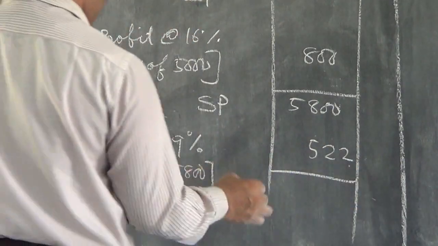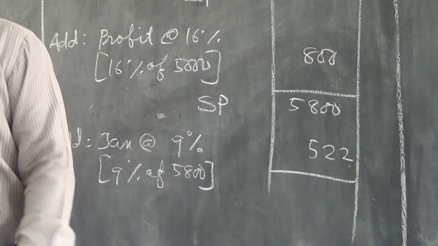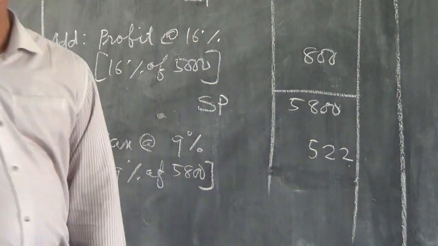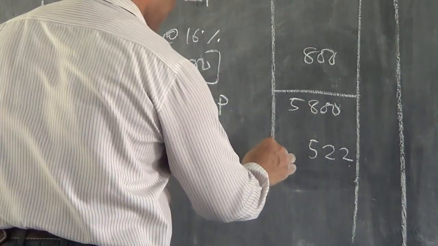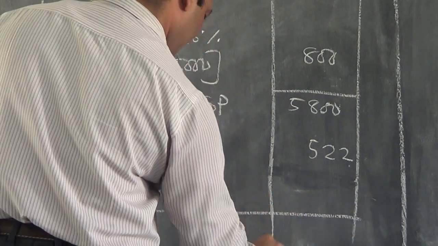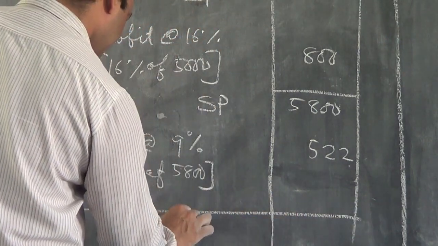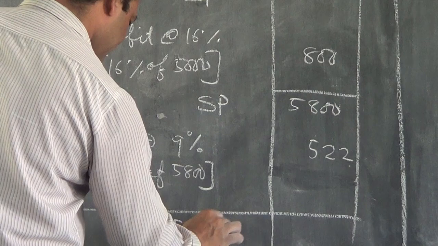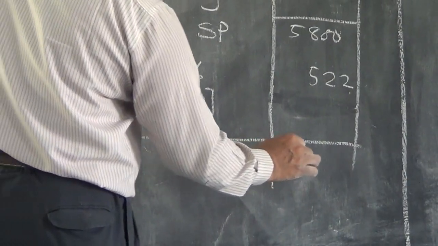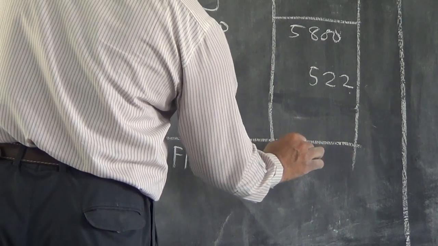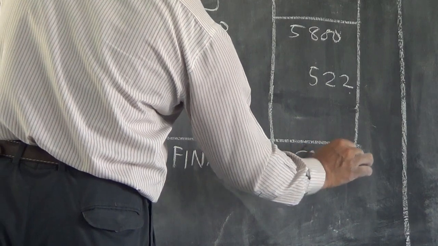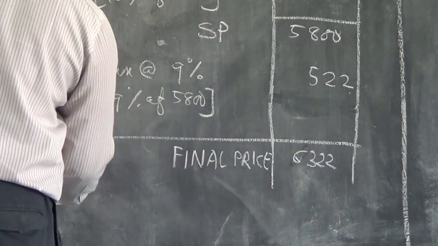And here whatever we got, that is the final price. So we can write here final price. Final price is 6,322. So this is the final price.